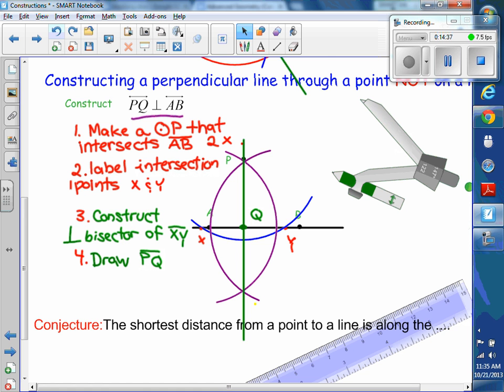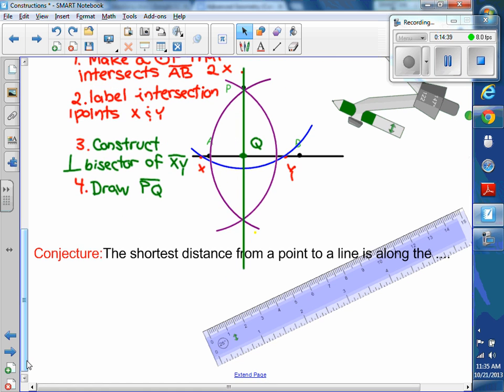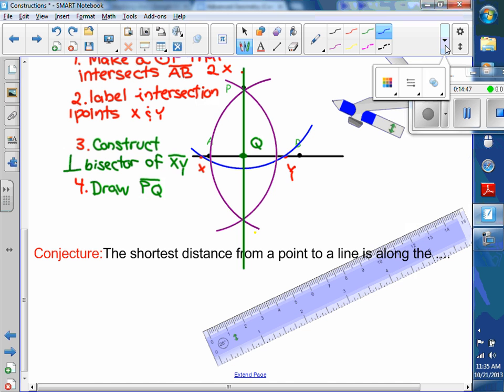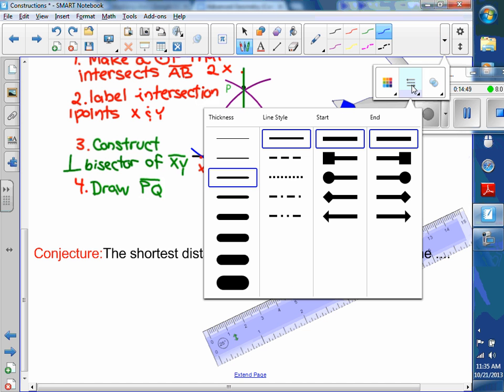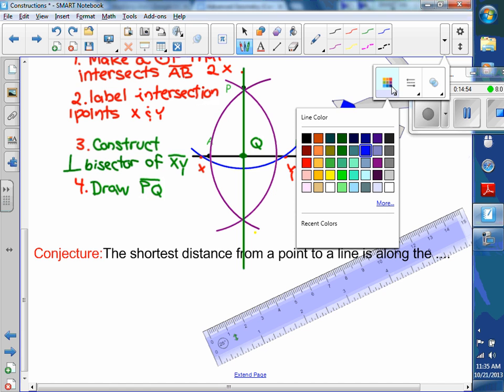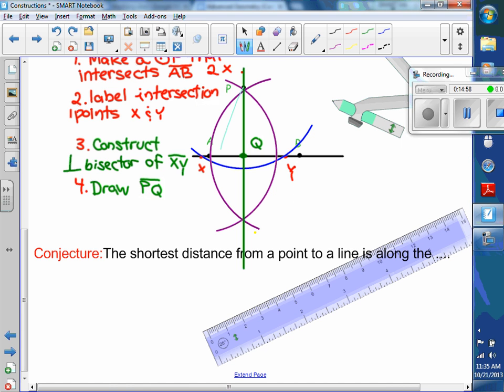So then, one of the reasons we do this construction is so we can find the shortest distance from a point to a line. Because, as you guys probably could tell, there's lots of different ways to get from P to the line AB.